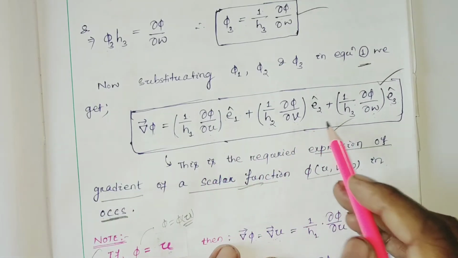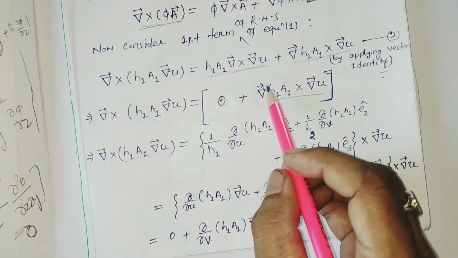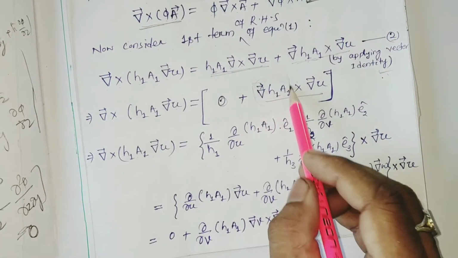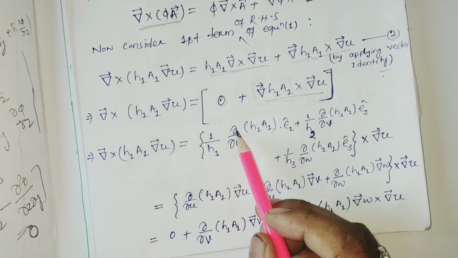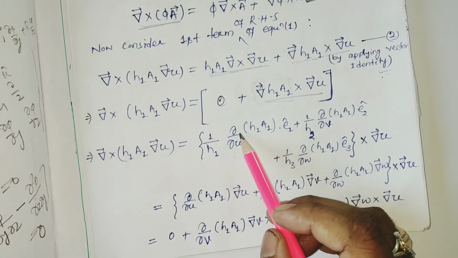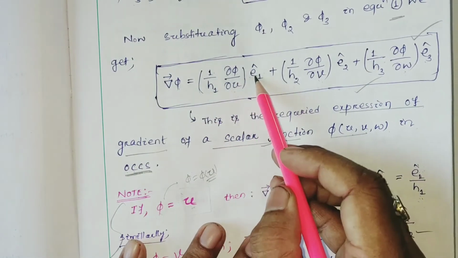Same thing we are going to consider over here: this del phi will be written as 1 by h1 del by del u of phi e1 cap.